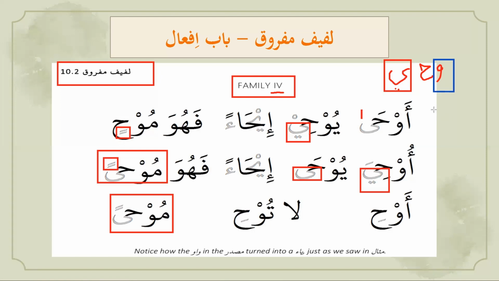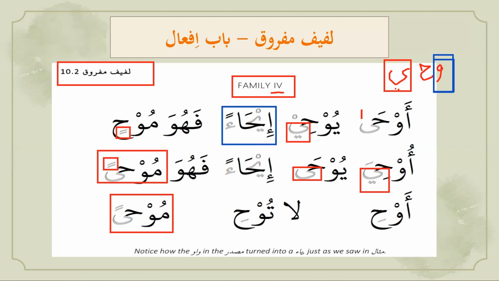So just like we learned in the misal chapters, awrasa, yurisu, irasan, the same way awha, yuhi, ihaan. So over here waw is replaced with ya to avoid the u sound. This masdar change is what we usually see with misal words, not naqis, because waw is the first root letter.